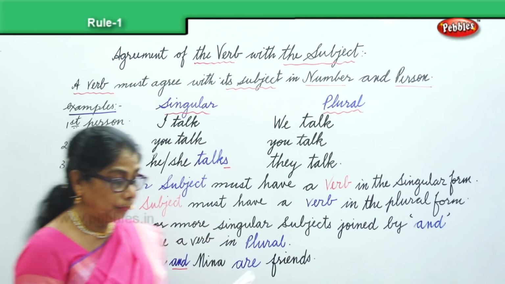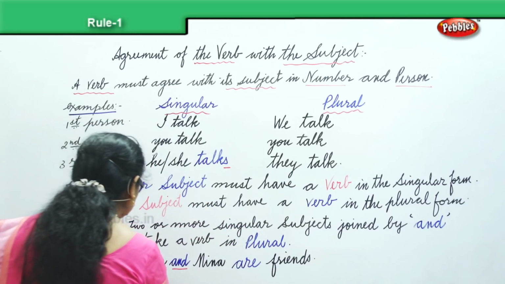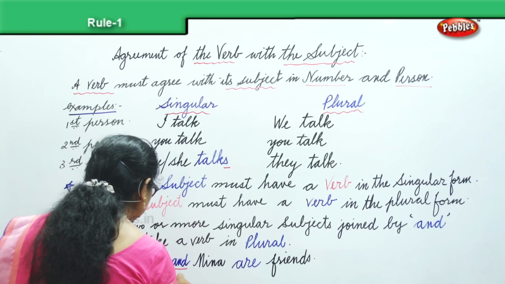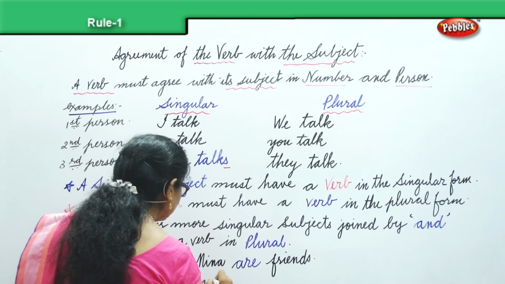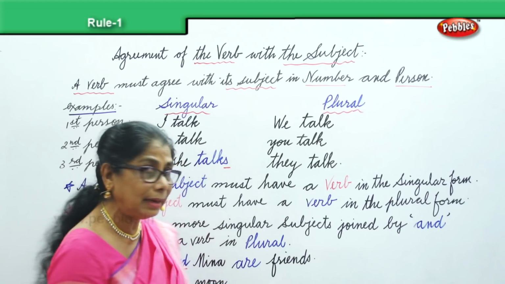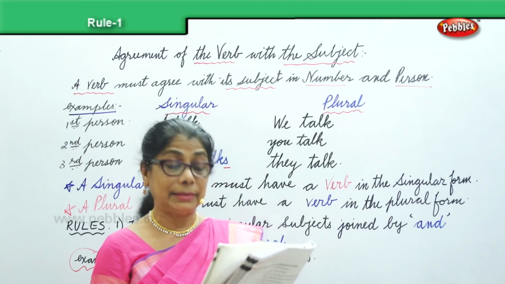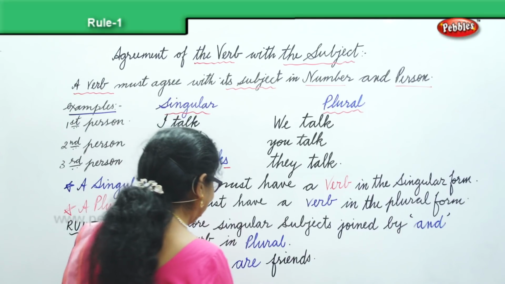One more example here. I give you the sun, the moon. The sun, the moon, and the 9 planets. Again it is joined by and.